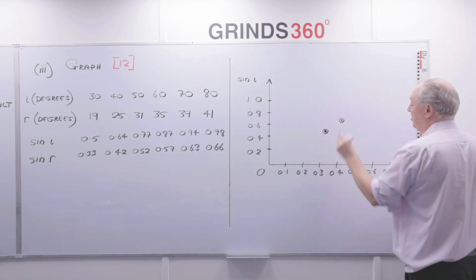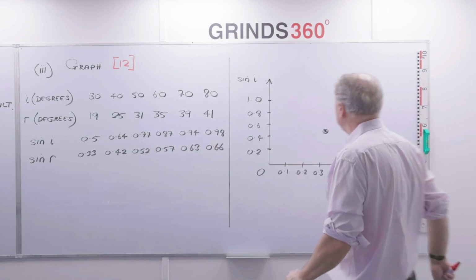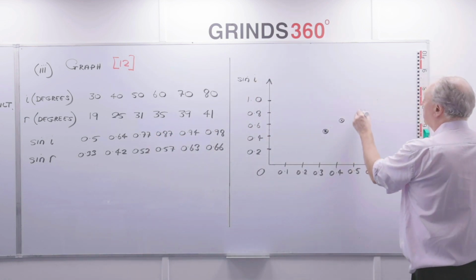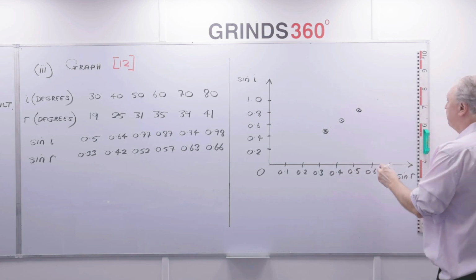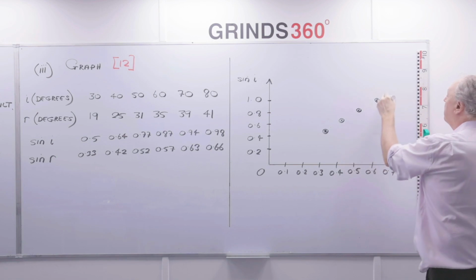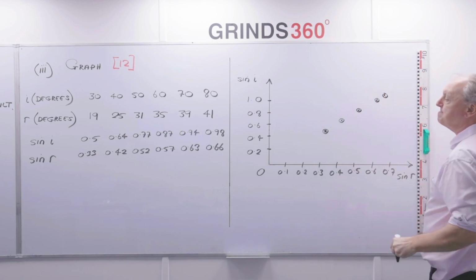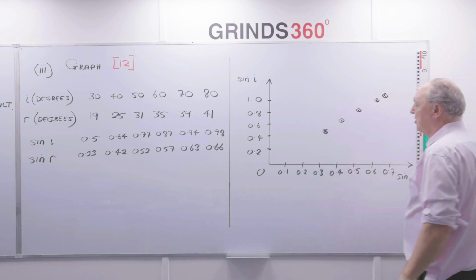Dot, X, circle. And so on. 0.52, 0.77. 0.57, 0.88. So put all your points in.